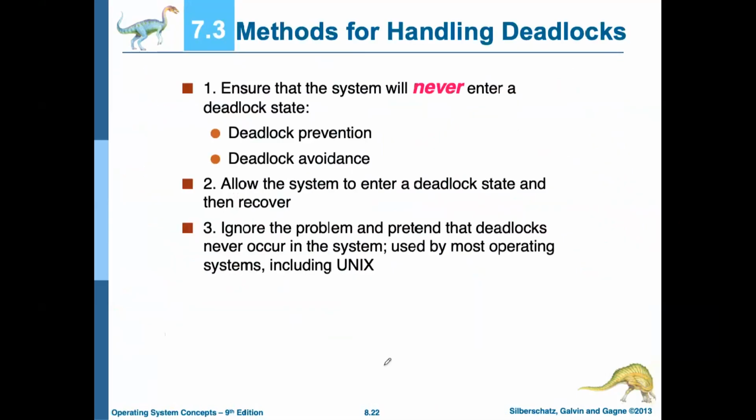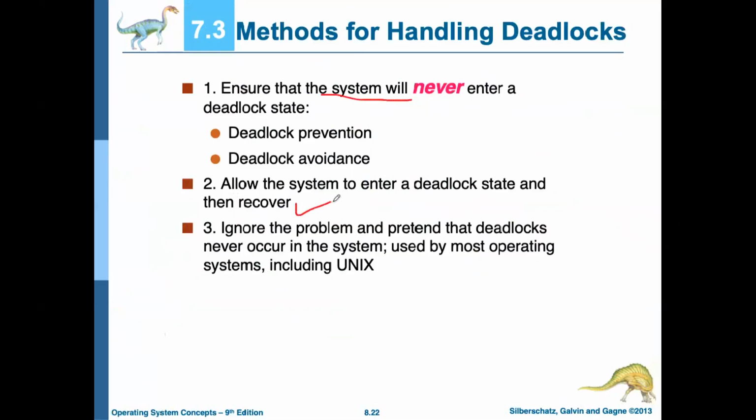All right. Handling a deadlock. First, ensure that the system will never enter a deadlock state: deadlock prevention and also deadlock avoidance. Second, allow the system to enter a deadlock state and then recover.